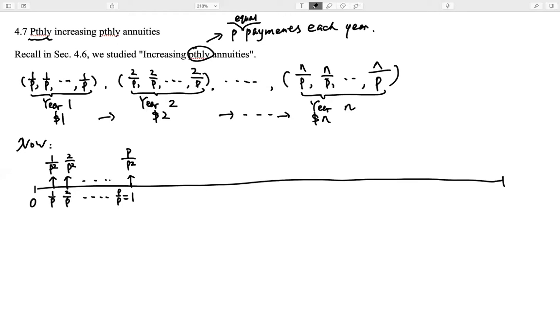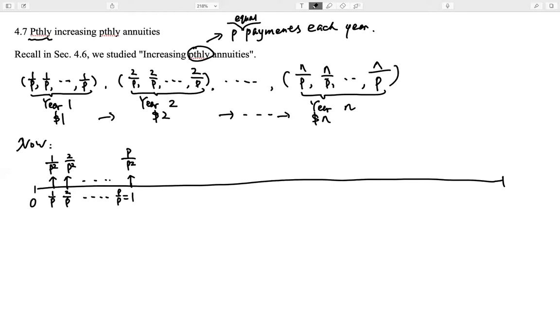So even in the first year, all the payments are different. It's 1 over P squared, 2 over P squared. Of course, we can factor out this P squared because all of them have the same one. After we factor out this P squared, we still have 1, 2, 3, 4, all the way to P, right?